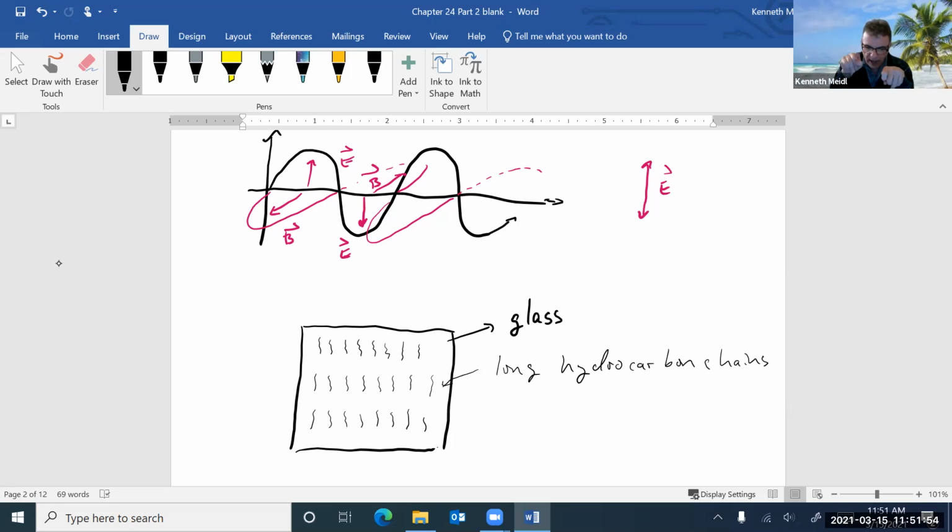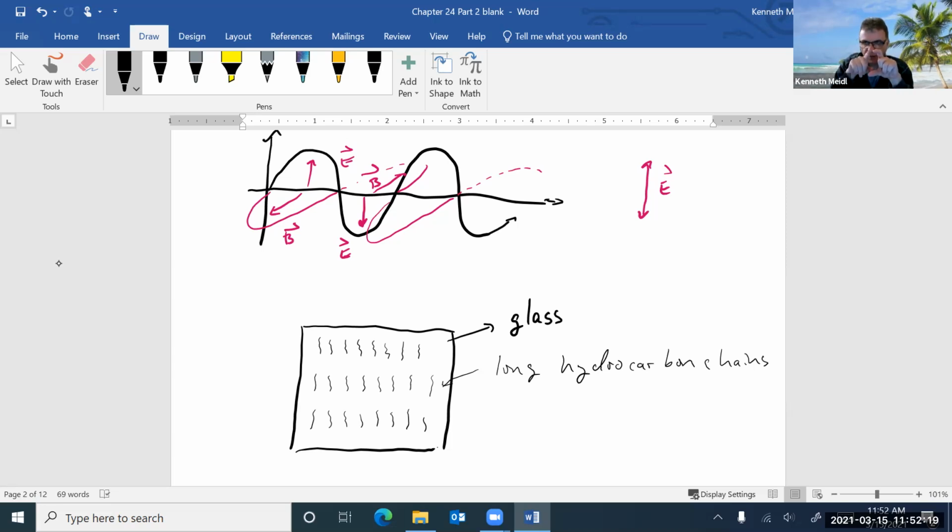And you see here how the hydrocarbon chains are kind of up and down, kind of like in the Y direction. If I put like a piece of graph paper on this, we would probably call that direction the Y direction. That would absorb actually the Y components of the light. And so if the electric field has an orientation like this, there's an X component and there's a Y component.